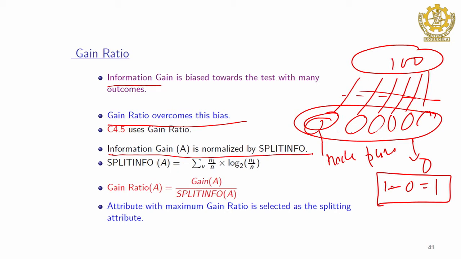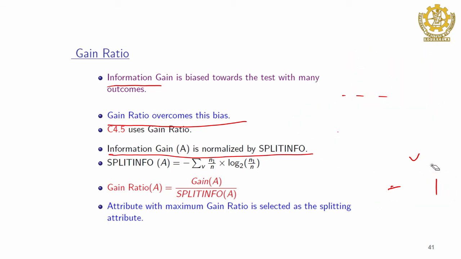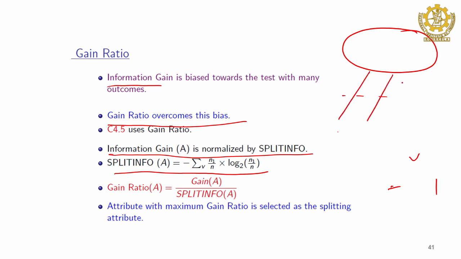What is split info? Split info of a particular node is defined as normalized by the entropy of each node. Let us say here you have 4 partitions. Then we got the gain at the node A, and that will be normalized by the split info.